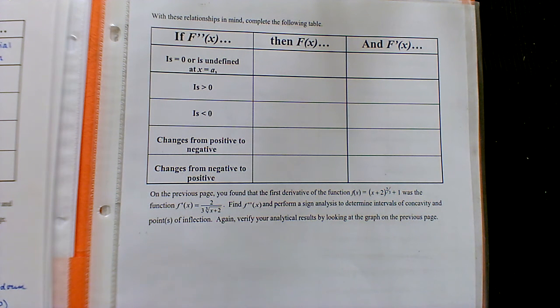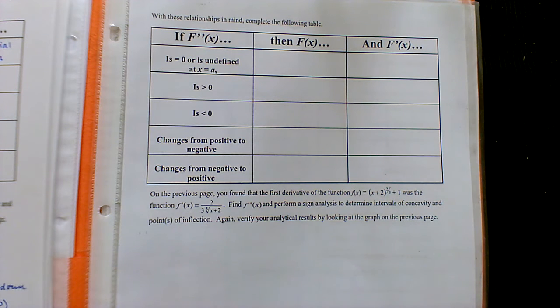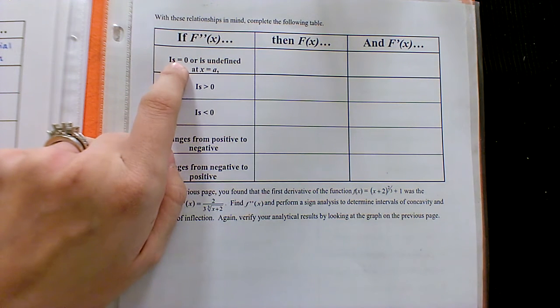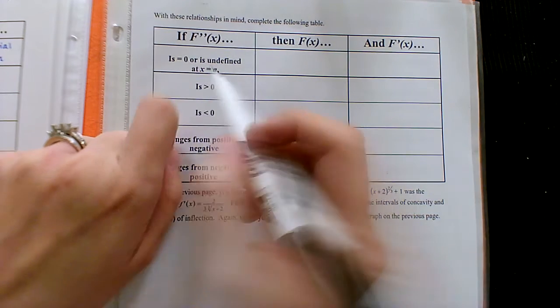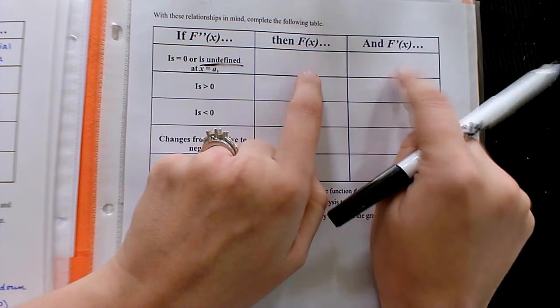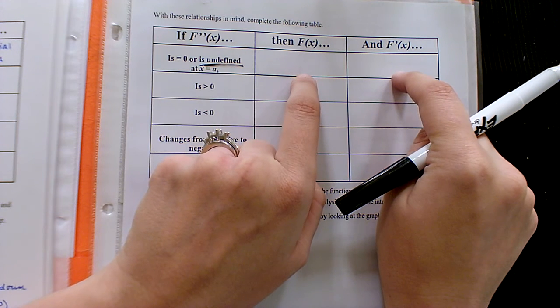So for those of us that did view the video assignment, can you help us fill this out for those of us that don't have it completed? If the second derivative is equal to 0 or undefined, okay, that's something else that's a little bit new, like if a derivative doesn't exist, can we think about how that relates to an original function or the first derivative?